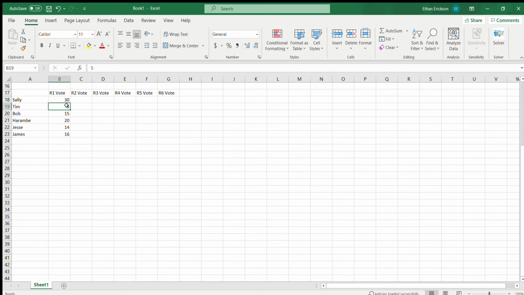As you can see, Tim got the least amount of votes. Well, that sucks for Tim. So Tim is going to be eliminated. His votes are going to be spread to the second preference that the Tim voters had. In this instance, 3 of them went to Harambe and 2 of them went to Sally. Everyone else just stayed the same.